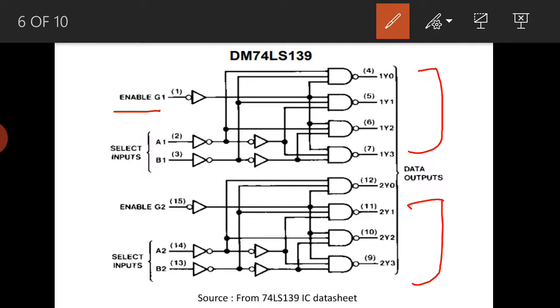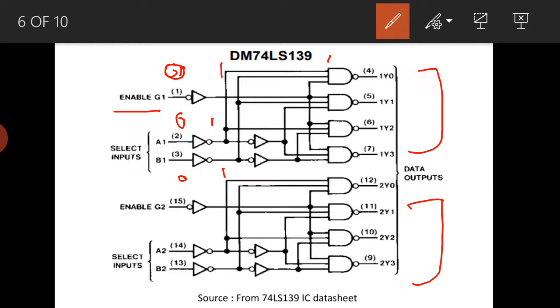Now what is the condition for working? The enable should be 0. If it is 0, it will become 1 here. And if the inputs are 0 0, there are 4 combinations. Let us say the first one, if inputs are 0 0, this will be 1, this will be 1.